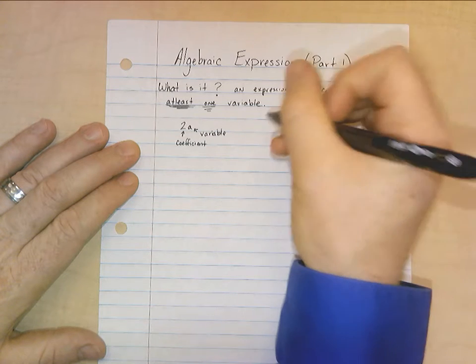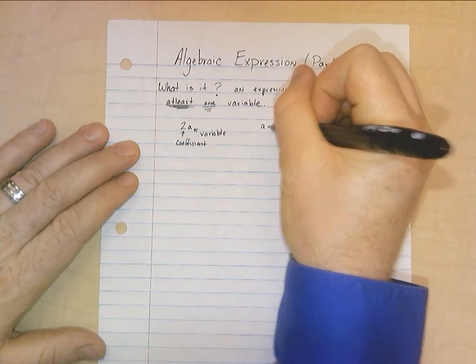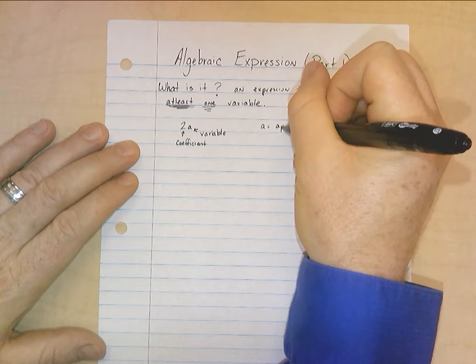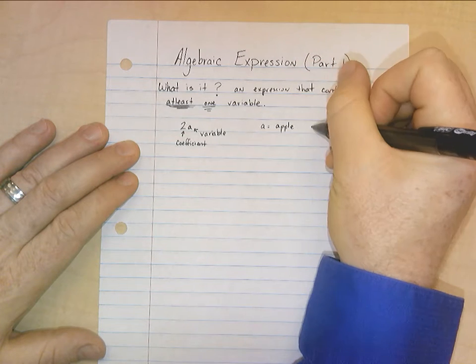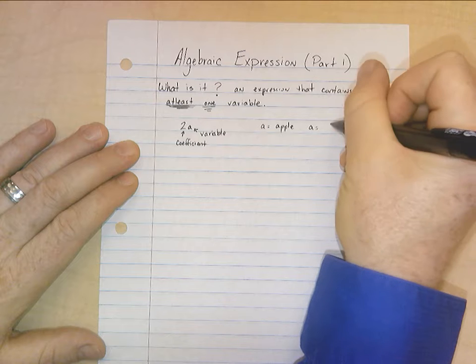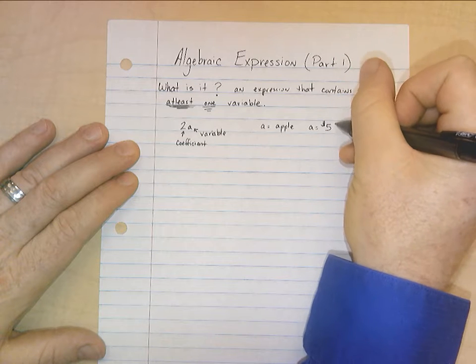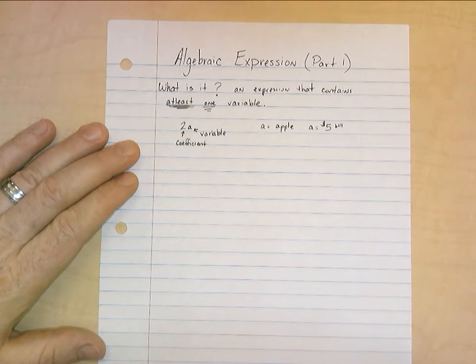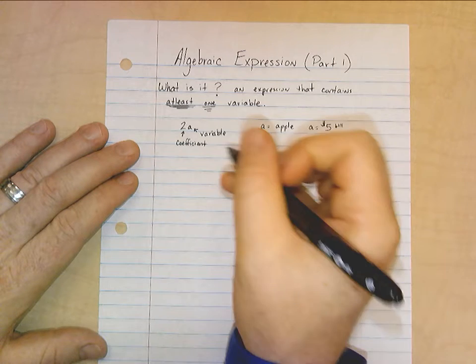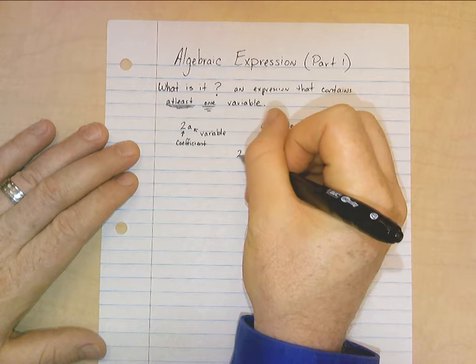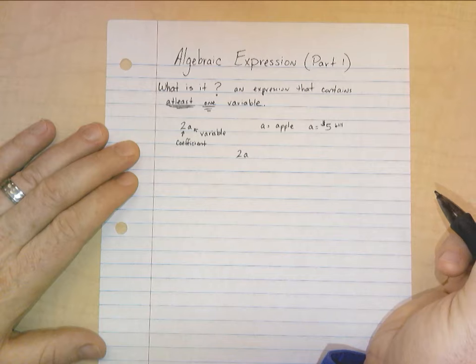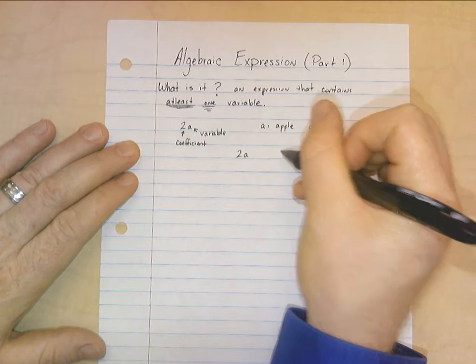So this variable a could represent an apple, and it also could represent, let's say, a $5 bill. If I had 2 apples, I would say 2a. If I had 2 $5 bills, I could also say 2a.